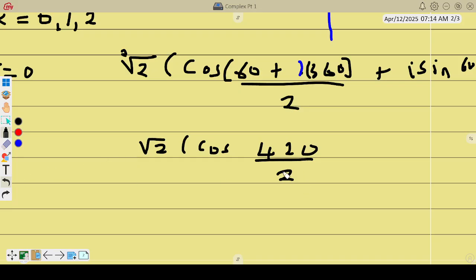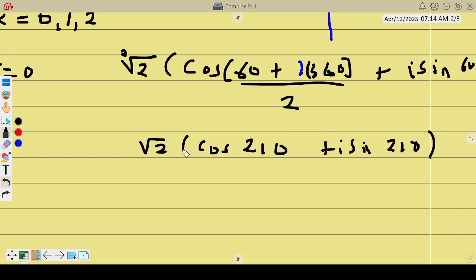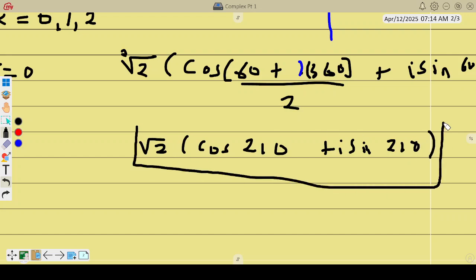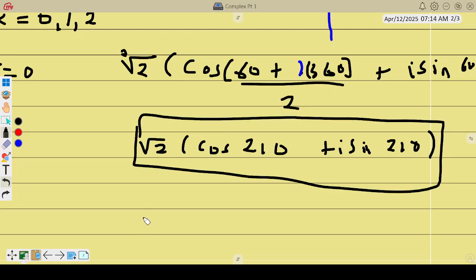And then 420 divided by 2, 2 into 4 is 2, 2 into 2 is 1, should be 210. So when we simplify this part, it's 210. So plus i sine 210. So this is the second root. So these are all part of the answers.